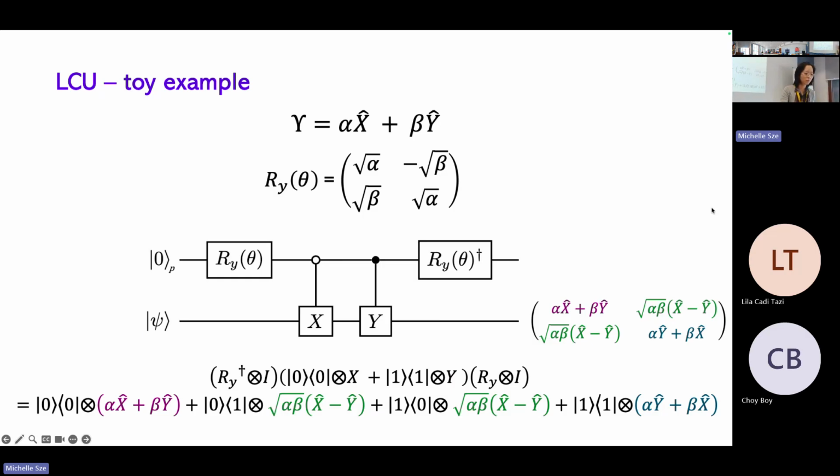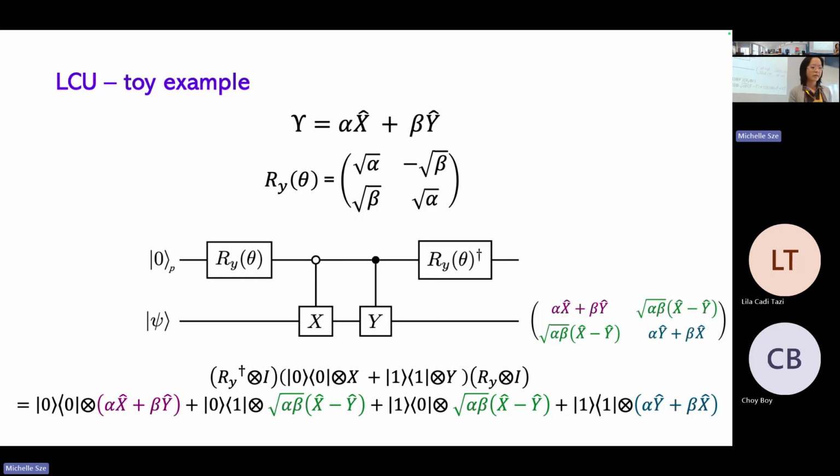The 0,0 block will correspond to the desired LCU. The 0,1 block will correspond to this, and then the other off-diagonal will correspond to this, and then you have the 1,1 block. So these are all irrelevant to us.